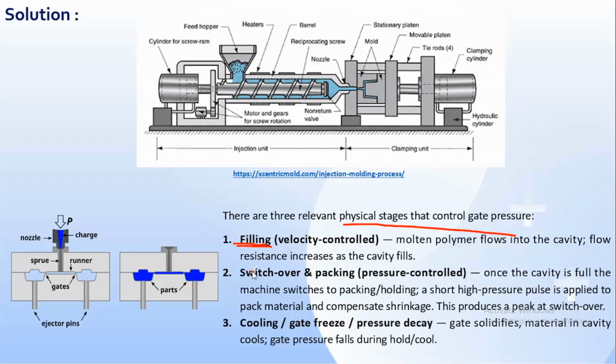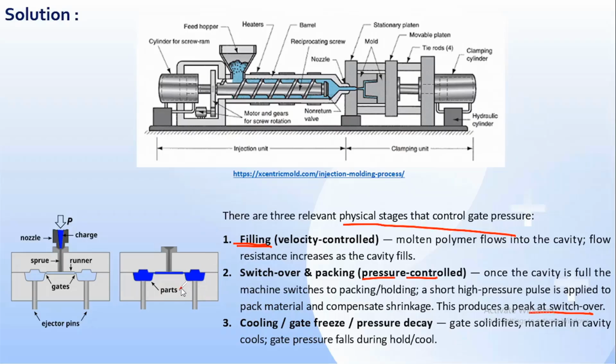In second stage, switchover and packing, that is pressure control. Once this cavity gets full, the machine switches to packing and holding. A short high pressure pulse is applied on the packed material to compensate if any shrinkage is there.